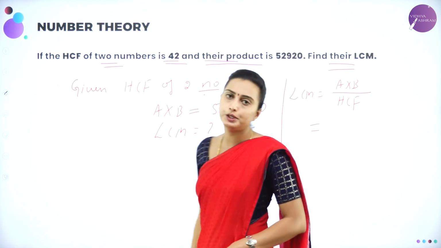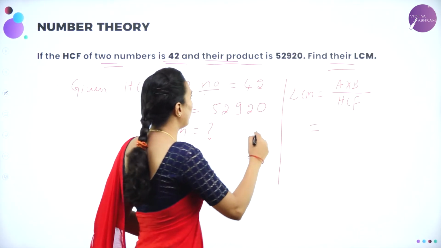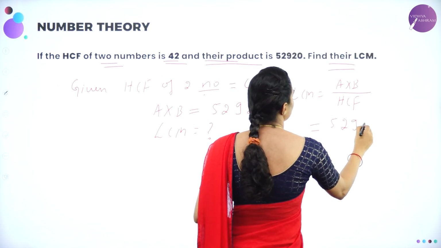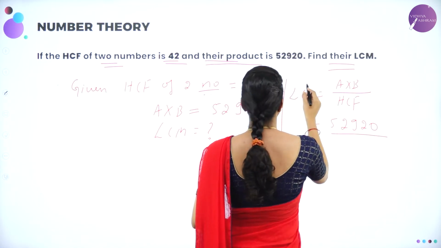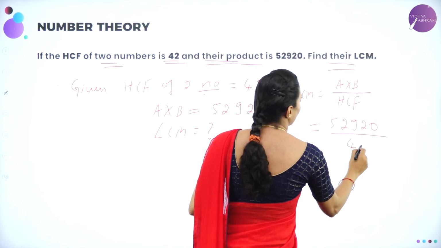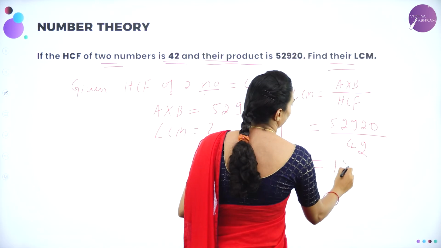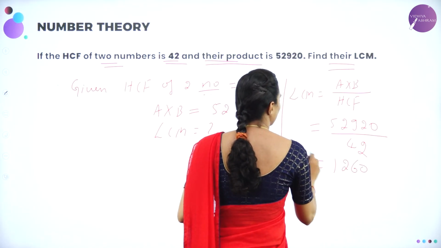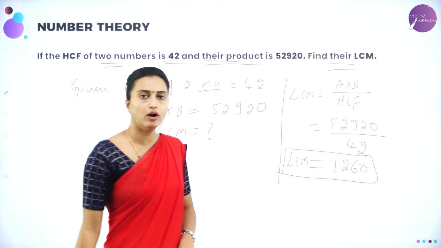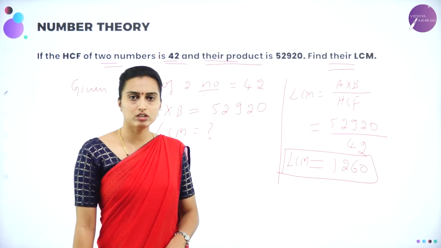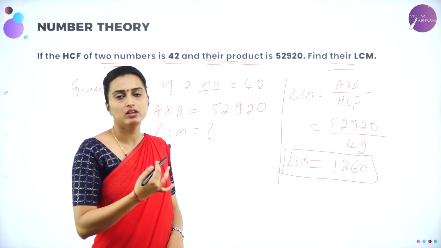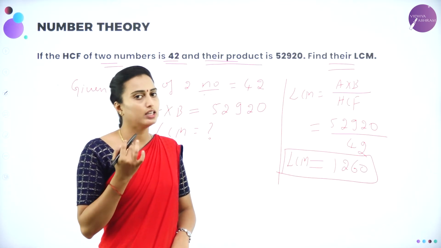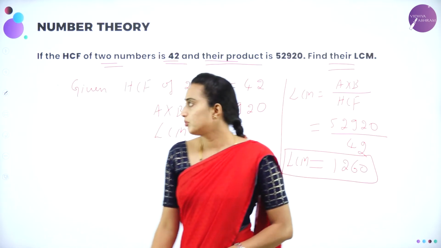A into B, the product of two numbers, is given as 52920, divided by the HCF, 42, which will give you 1260. This is your LCM. Is that so easy? This will be asked for 2 marks. Understood? Any two things will be given, and you find either the LCM, the product of numbers, or the HCF, right? Let us move on to the next problem.